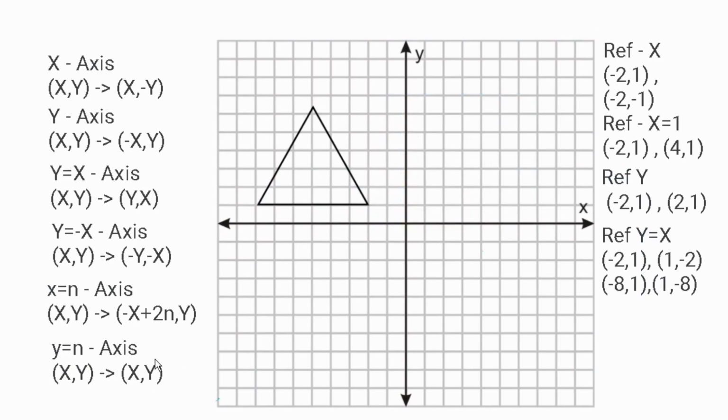So we can use the same idea to figure out y equals n axis. So if I reflected over y equals 1, or y equals negative 1 right here, it's the same distance, 2 and 2. So this is correct. So now let's figure out what we did.